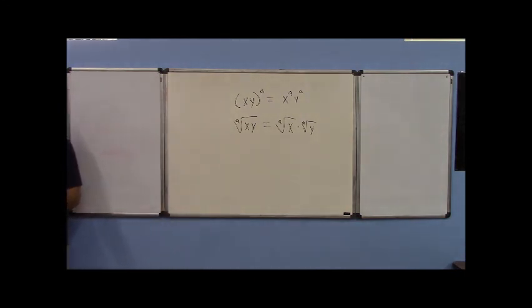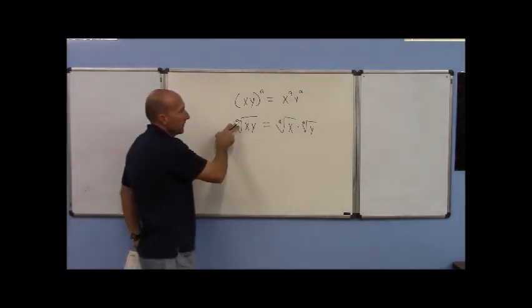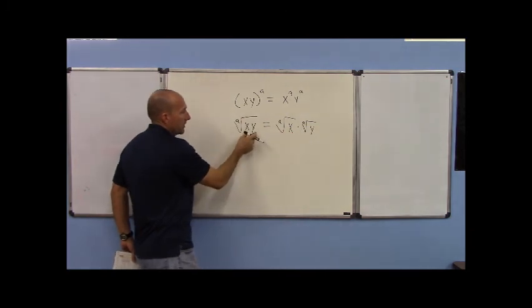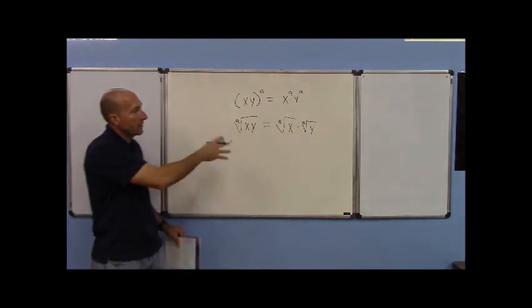Your index stays the same, and all you do is combine what's underneath the radical sign. And you can go back and forth.